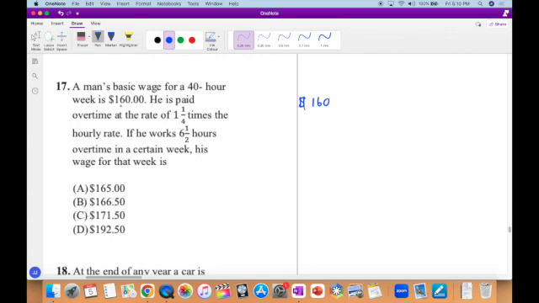So for 40 hours is $160. Therefore for 1 hour it'll be $160 divided by 40, which is $4 an hour.